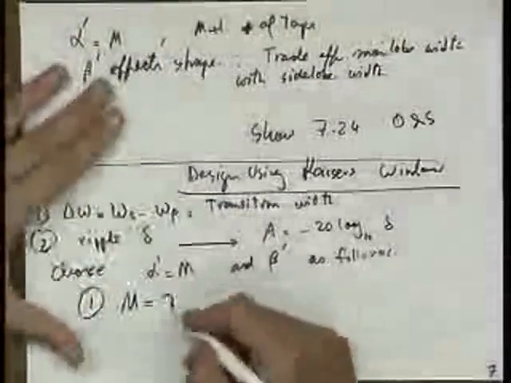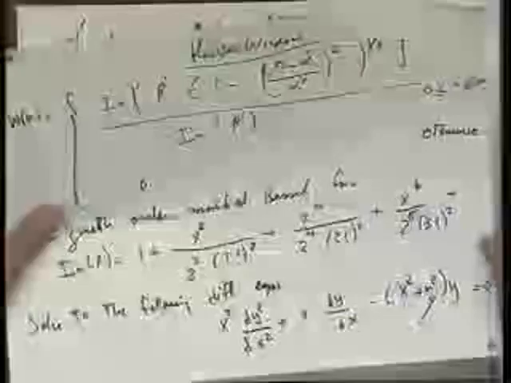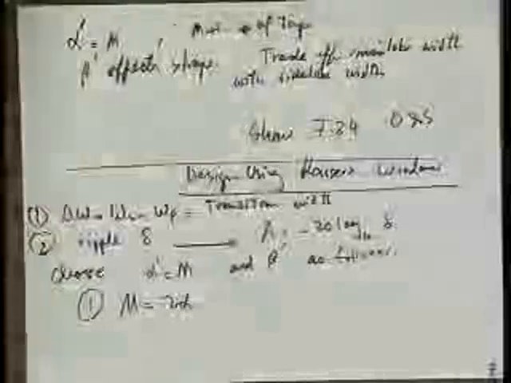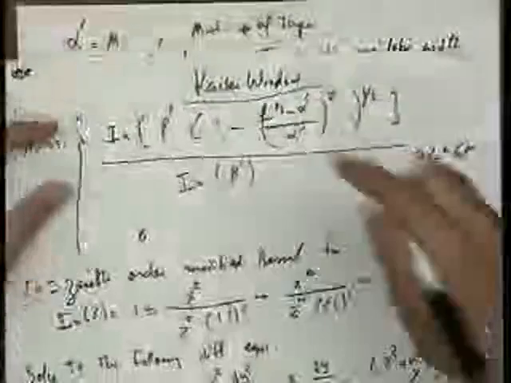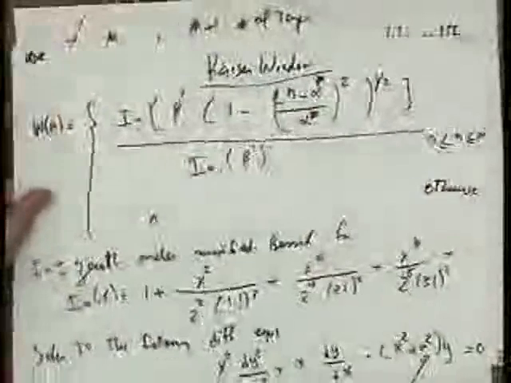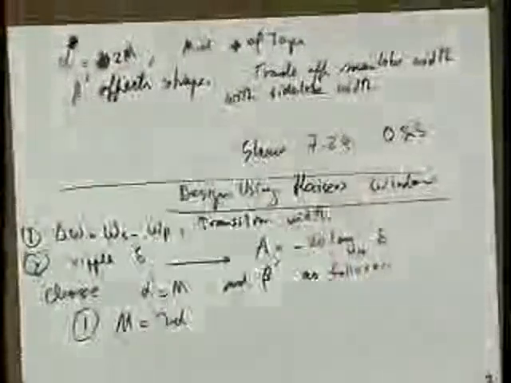M is equal to 2 alpha, which means that I made a mistake here on this page. This need not have been alpha prime. This is not alpha prime. That's the same alpha as we had before, and this alpha is equal to M over 2, not M. Okay? There's a typo there.